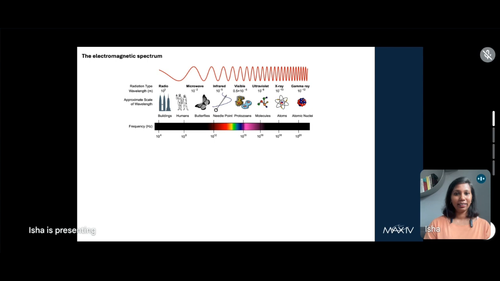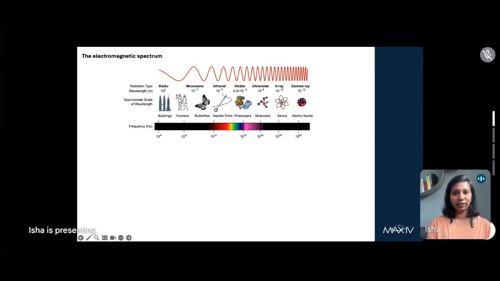And then you have microwave, infrared, and the visible wavelengths, which allow us to see things, because the wavelength is in the range of things that the wave can interact with.